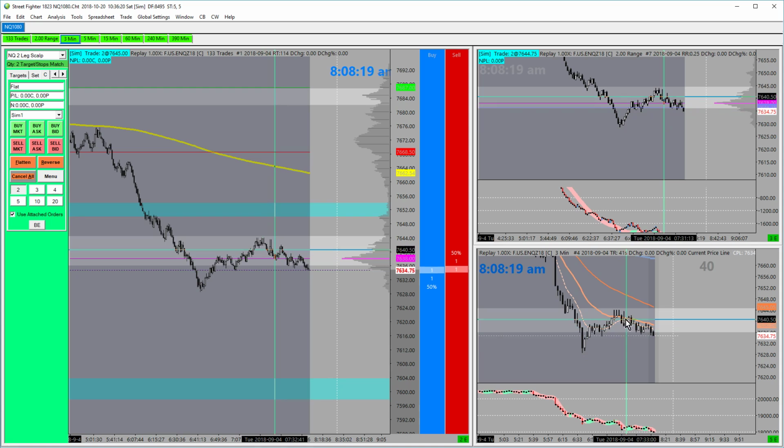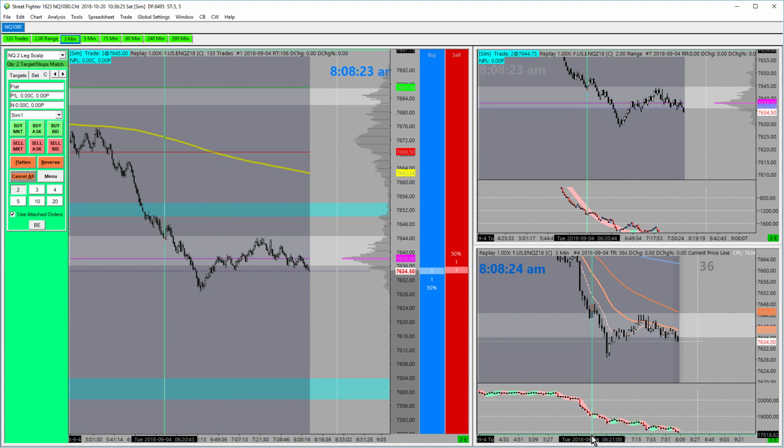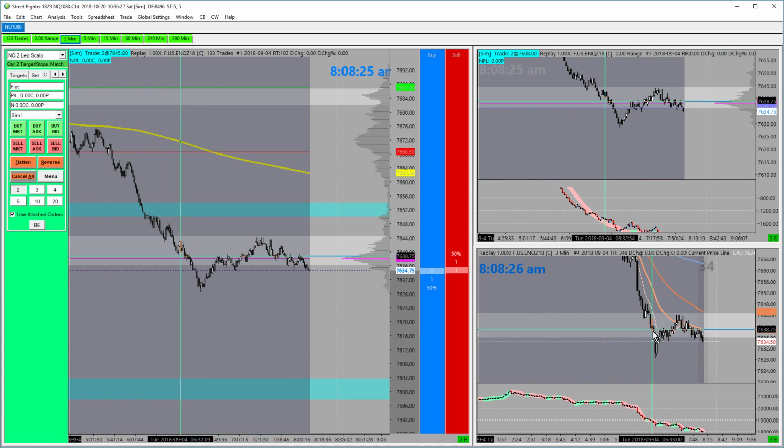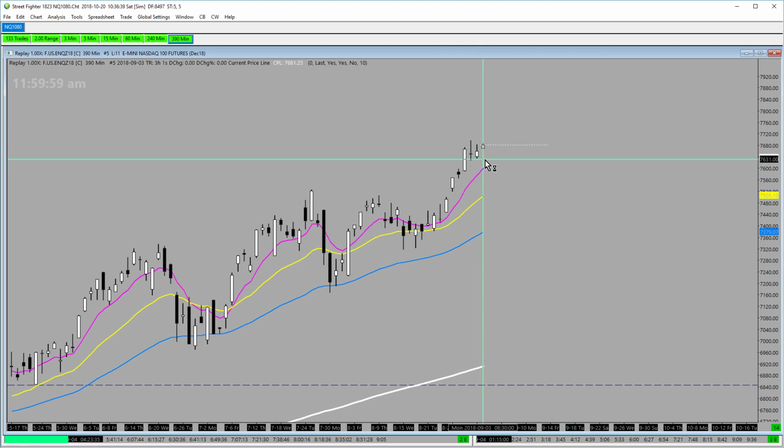Now we're starting to get that same thing again, but we're also about to open on the market. We're down here at 76.34, and on the daily that's the very bottom of the prior day. So if we open up down there, how much room do we really have to run?